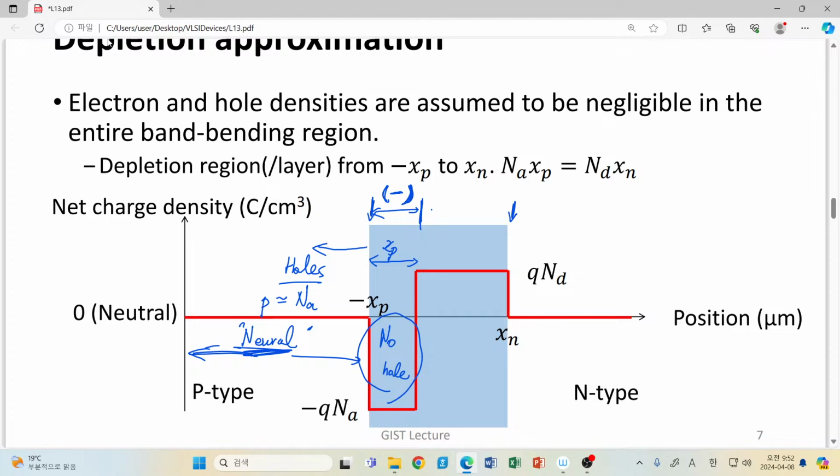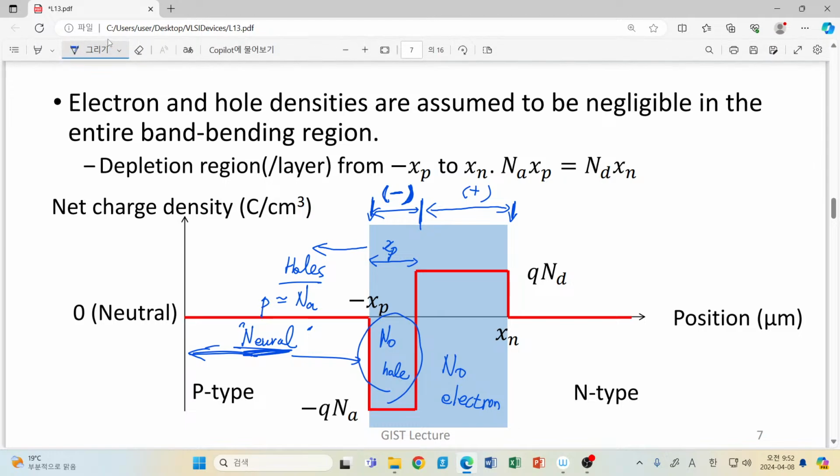The same discussion can be applied to the n-type region, since all electrons are completely removed following the depletion approximation. Then in this case we have just a positively charged layer. Beyond that point, we have once again a neutral region.